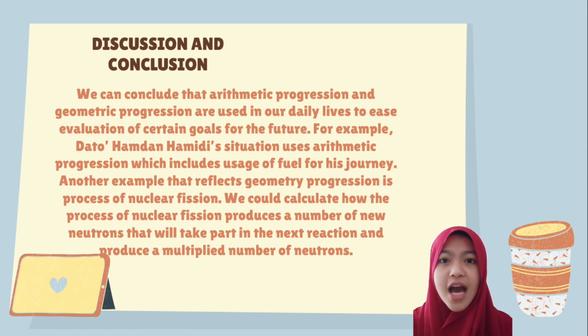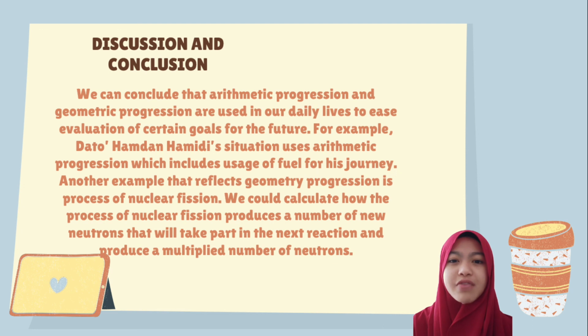Lastly, I would like to present the discussion and conclusion. We can conclude that arithmetic progression and geometric progression are used in our daily life to ease evaluation of certain goals for the future. For example, Datuk Hamdan Hamid's situation used arithmetic progression, which includes usage of fuel for his journey.